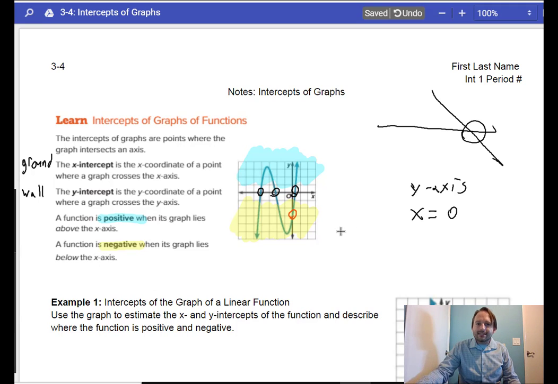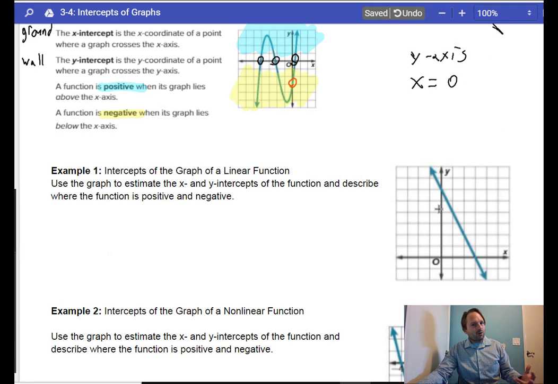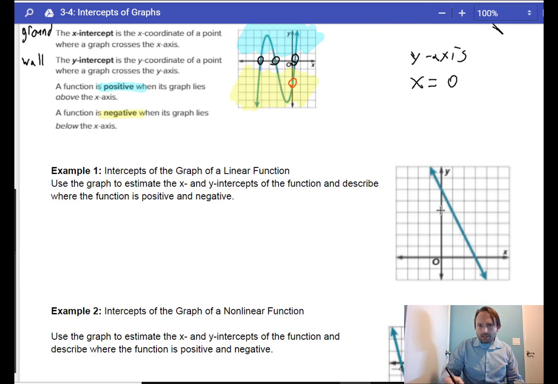So, example 1. Intercepts of the graph of a linear function. It says use the graph to estimate the x and y intercepts of the function and describe where the function is positive and negative. All right, well, the first thing I would do is I'd probably circle, and it looks like it hits exactly at these points. So at 0, 1, 2, 3, 4, 5, 6.